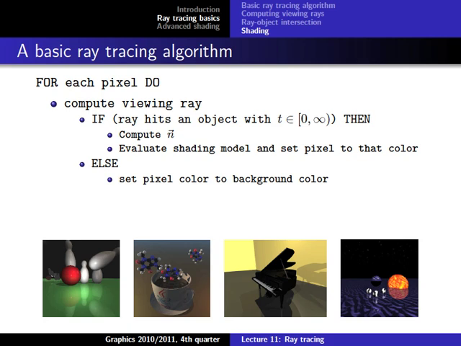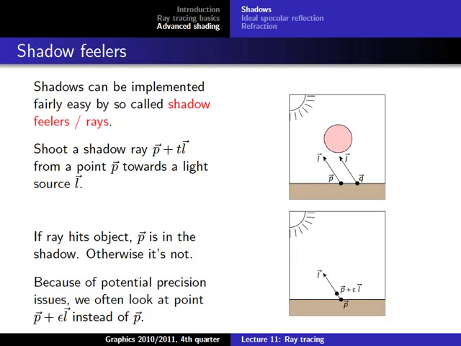One important thing that we talked about already last time for projective methods is different methods to produce shadows. In ray tracing, this works relatively easily because we can use so-called shadow rays or shadow feelers.